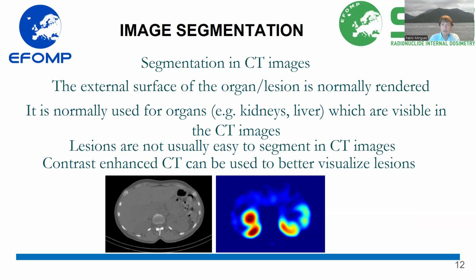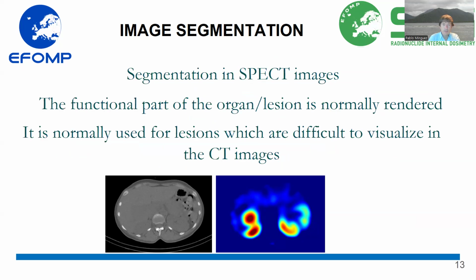So those lesions are normally segmented in SPECT images because in the SPECT images we can see the functional parts of the lesions and of the organs, and this way we can segment the lesions. But again, we have to be careful with what we delineate, because it could not be the real volume.